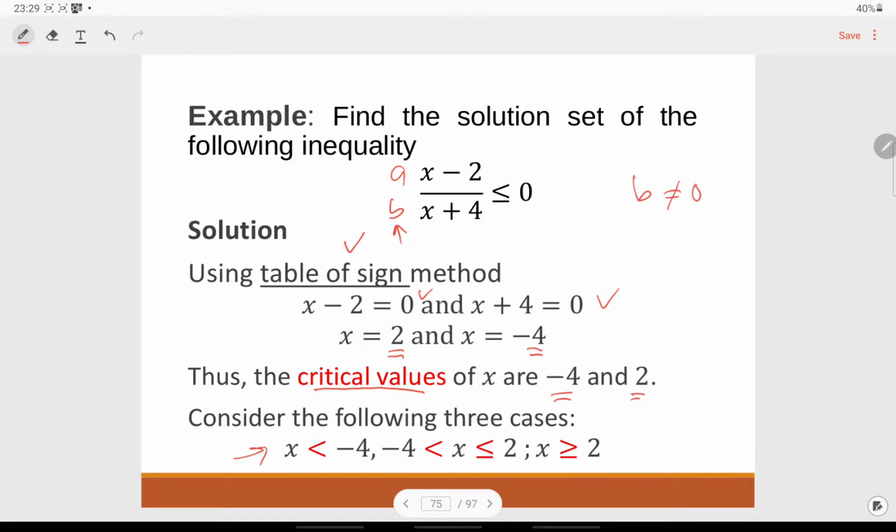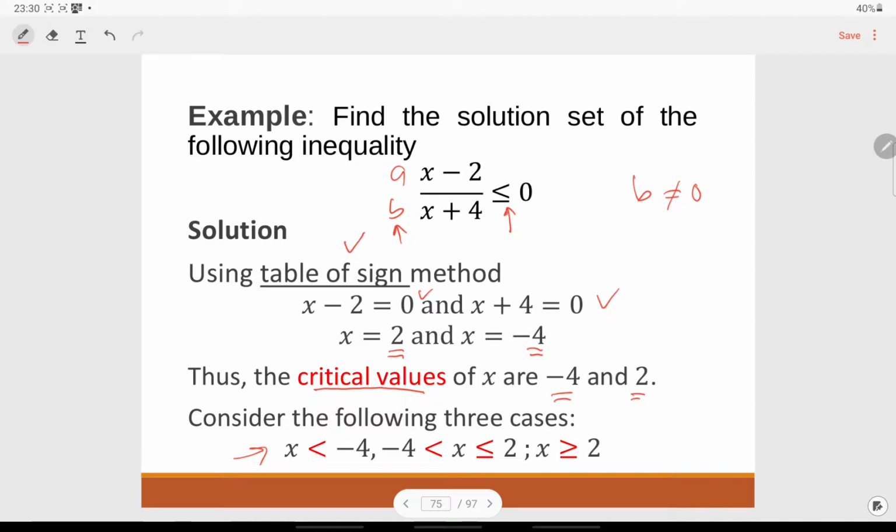So although the original sign had equal, for the B we cannot write the equal sign. Just leave it as less than -4 without equal sign. Next is X between -4 and 2. So we have X is greater than -4, remember, without the equal sign, and it is less than or equal to 2. And the third case, we consider X is greater than or equal to 2.